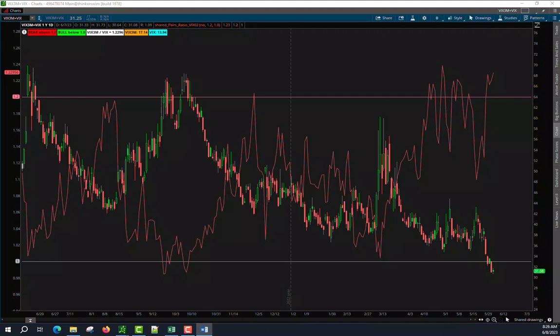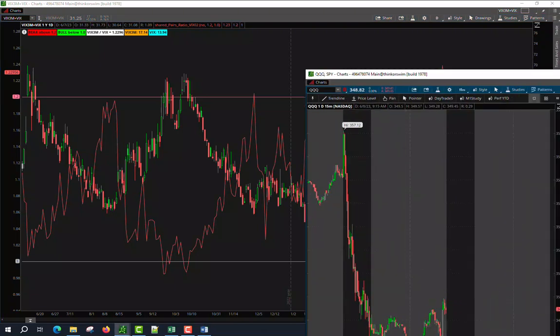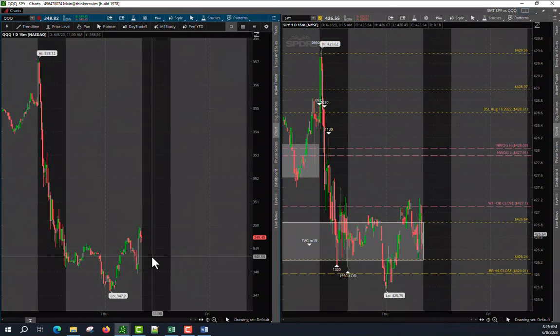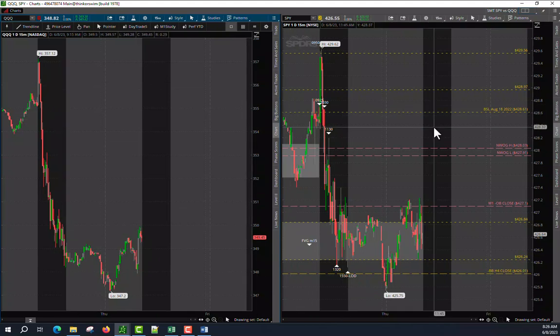And now let's take a look at the smart money divergence between the QQQ and the SPY.